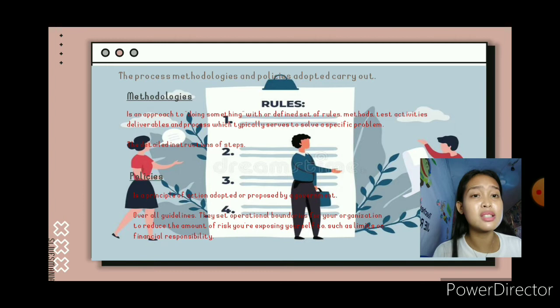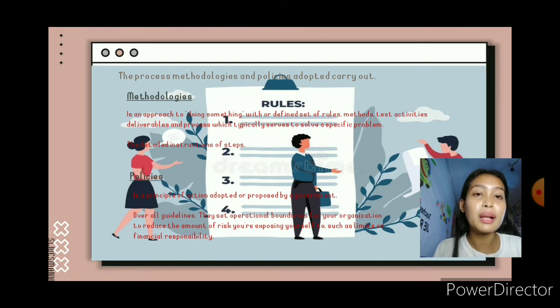For example, you test something from your business, or you need to validate results, determine how to improve and monitor that thing when you do something from your business. So that is the detailed instructions of your company.